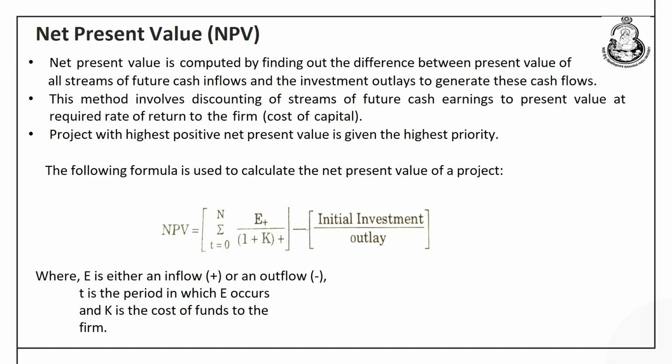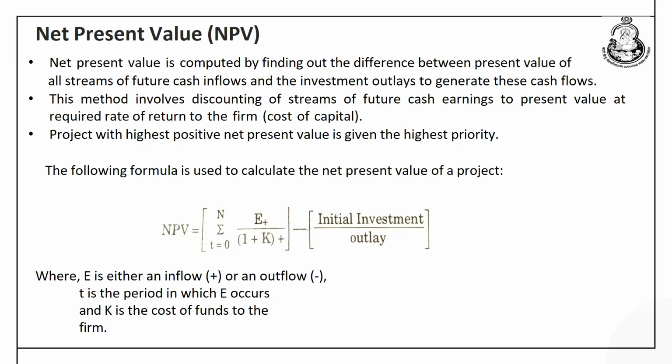Then it is compared to the present value of cash outflow, and it is found out whether the cash inflows are more than the cash outflows or vice versa. If the present value of cash inflows is greater than the cash outflows, the project is considered to be viable and hence it would be selected.